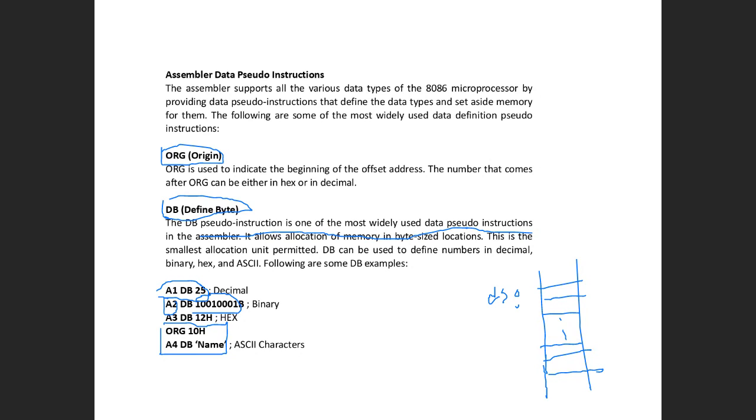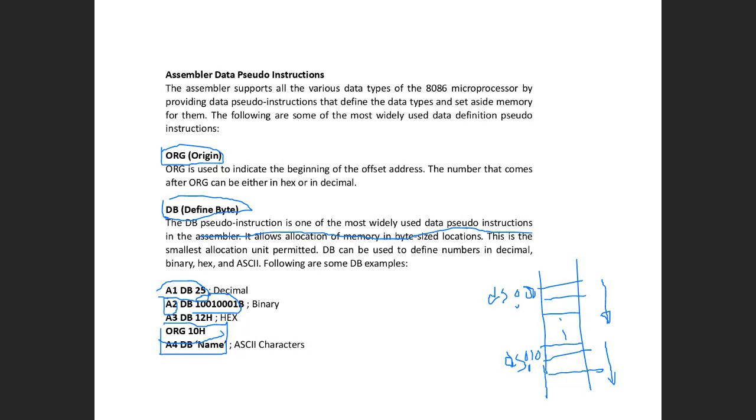For example, this one is the beginning address, DS colon 00, and DS colon 10 is this one. Okay, so normally if we do not use ORG, it starts from the base address onwards, saving the data. But if we use ORG 10H, that means it starts from this address with offset 10H, from here. You get my point?